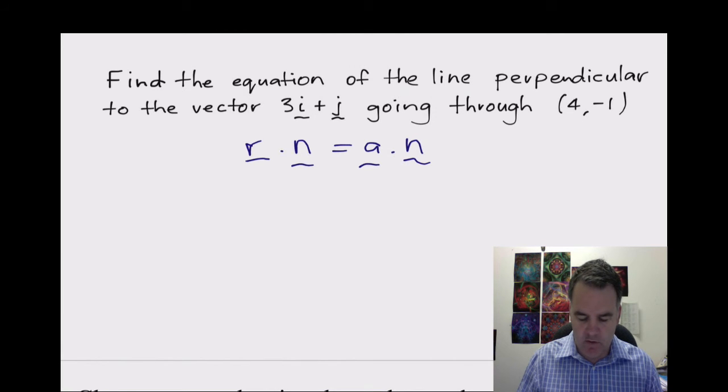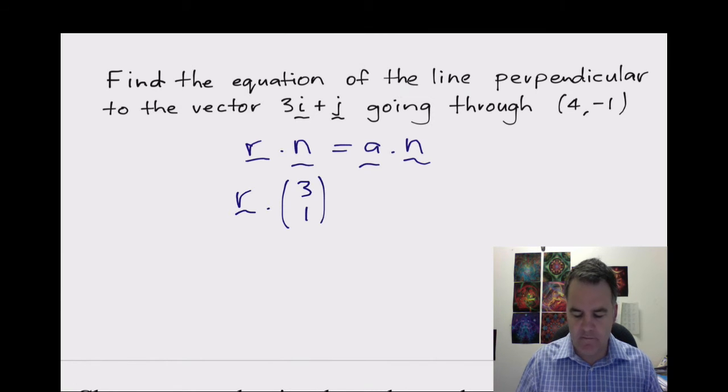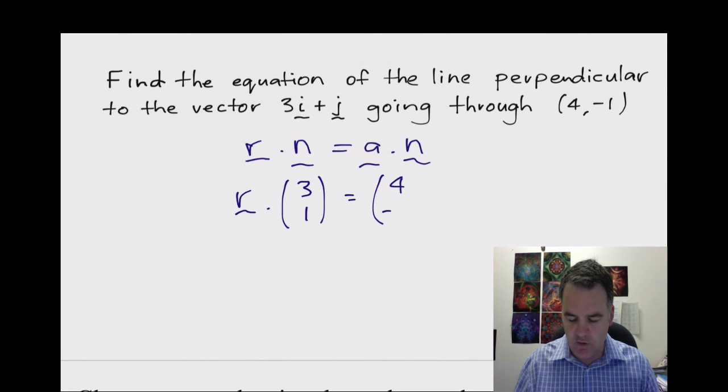Okay, let's put in what we know. r is any general point on the line, we don't know that. We know the normal to the line is 3i plus j, so I'll write it like this, 3, 1. a is any point on the line, and in this case we're given what a is. It's going through the point 4, minus 1, so that's what a is, the point on the line. And n again is 3, 1.